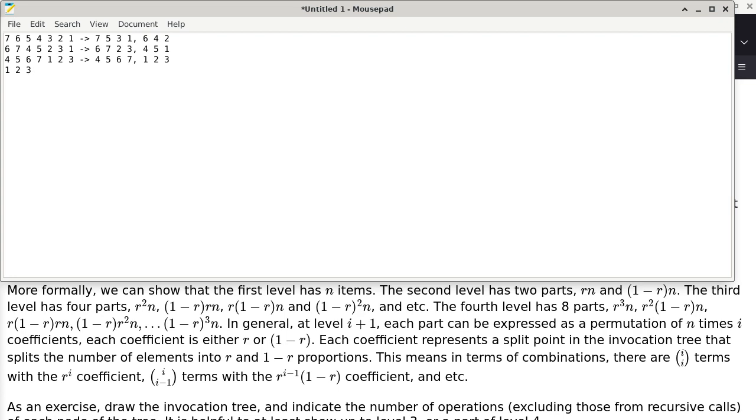So all we can do at this point is to dump what is left over of the first input, which are the 4, 5, 6, 7, and we're done. So we just have to split and merge 3 times to get it sorted. Is that working out for you guys?